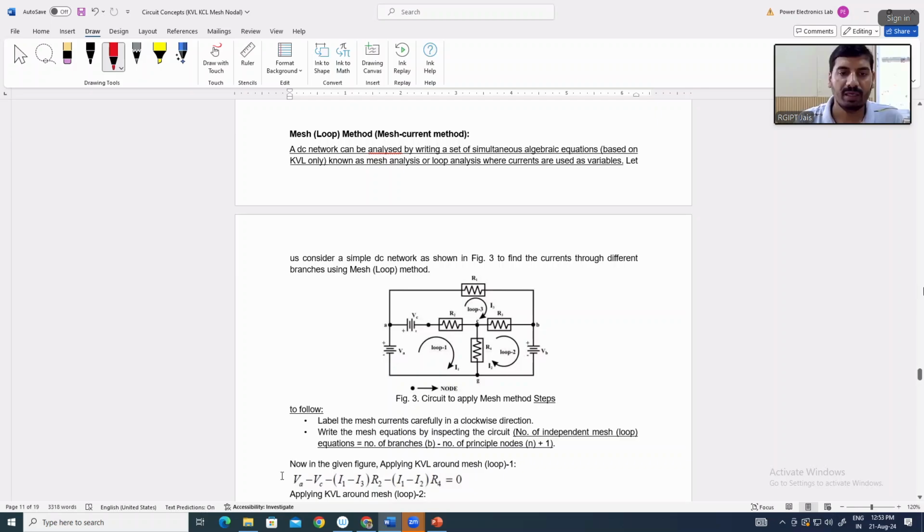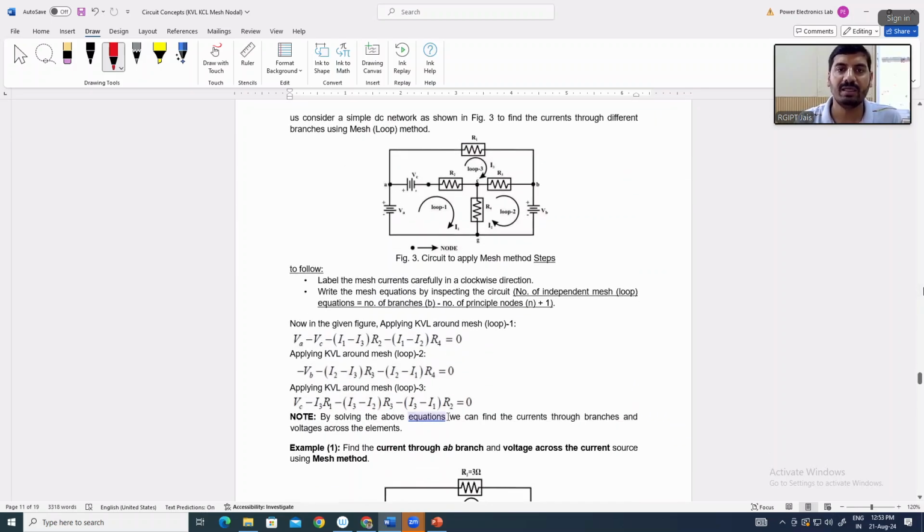So now what is your main task? The main challenge is that there should be no mistake while writing KVL equations. You have to take special attention while writing KVL equations, okay, because when your KVL equation will be wrong, your answer will be wrong.